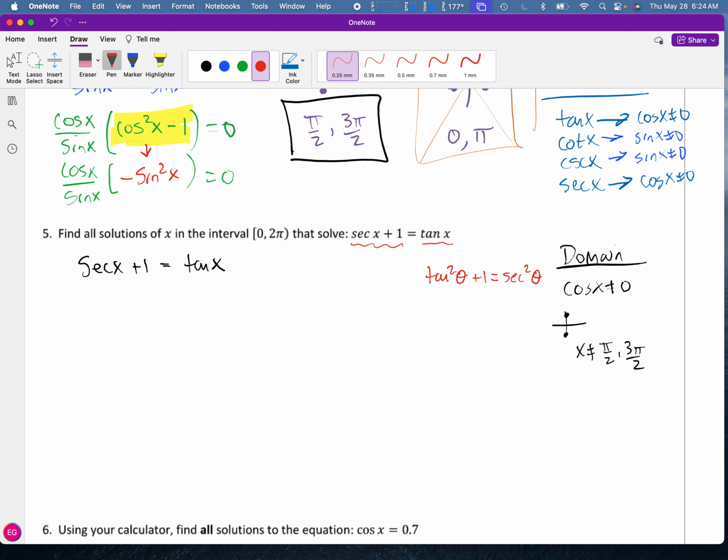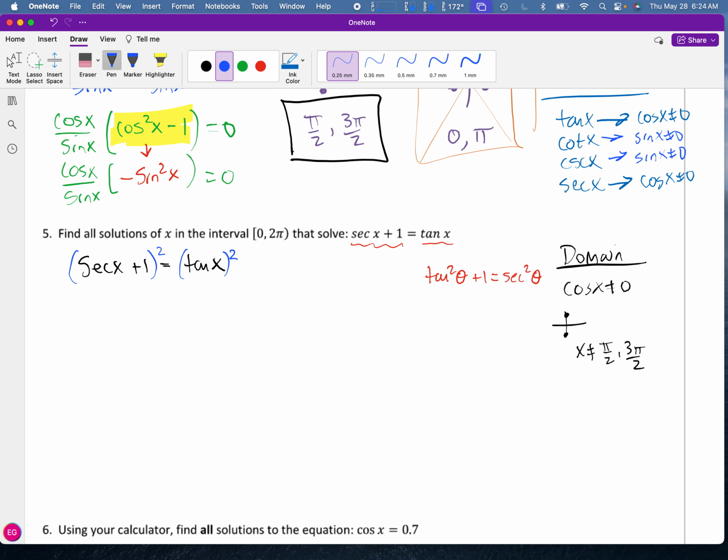If I could turn the secant x plus 1 equals tan x into something that had squares in it, then I would be able to use this identity to either make the tangent turn into a secant or make the secant turn into a tangent. So that's going to be my first strategy. I'm actually going to square both sides, which we're allowed to do because we're working on both sides of an equal sign.